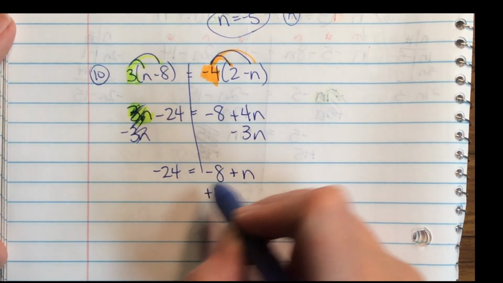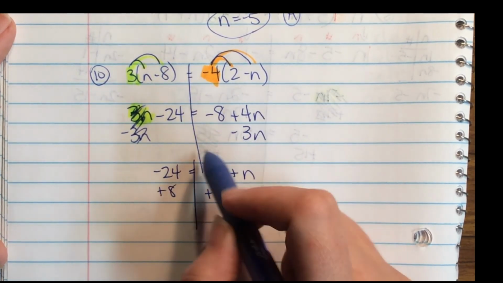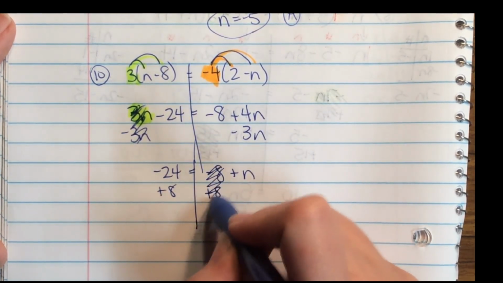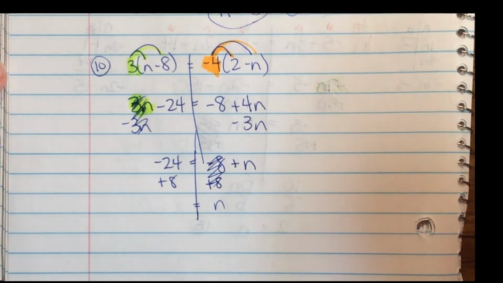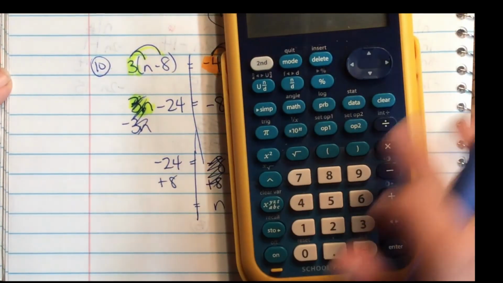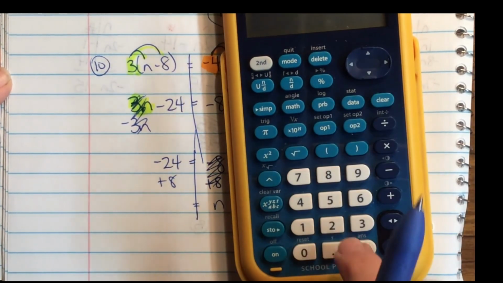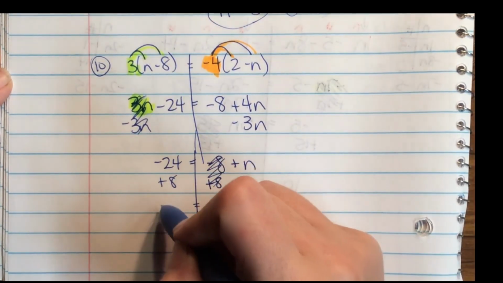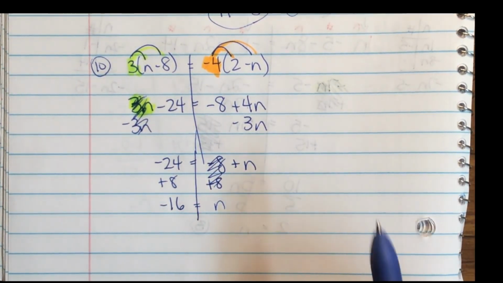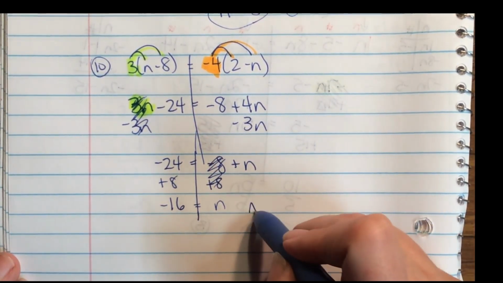Now I'm going to add 8 to both sides. We still got our line coming down through here. And negative 24 plus 8 is negative 16. Oops, not 0.24. Which is A again. There's a lot of A's in this.